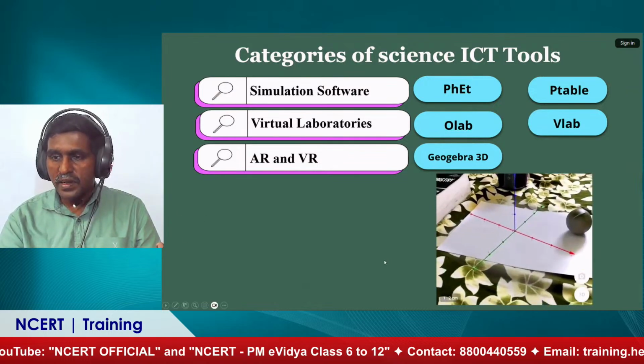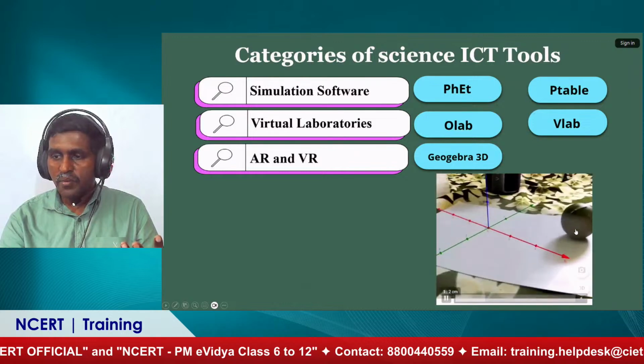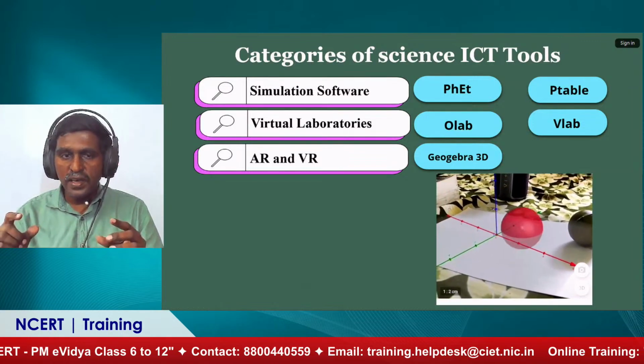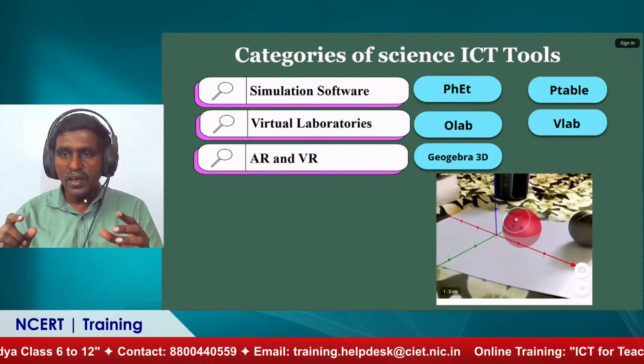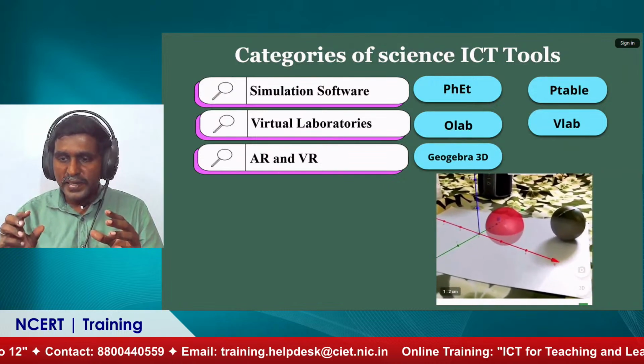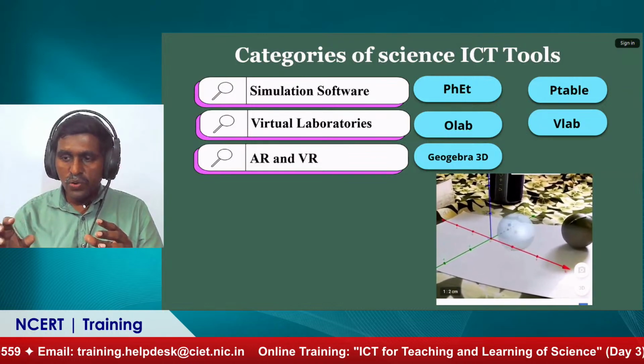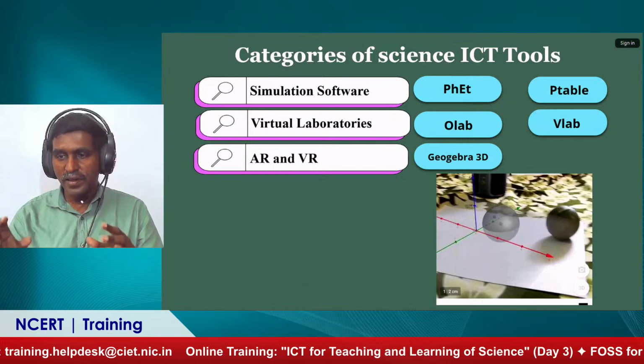Now look at this video. Here is a ball on the table. It is in the real world. Through the AR GeoGebra app, I am creating a ball like that, so through the app it looks like it is on the table.